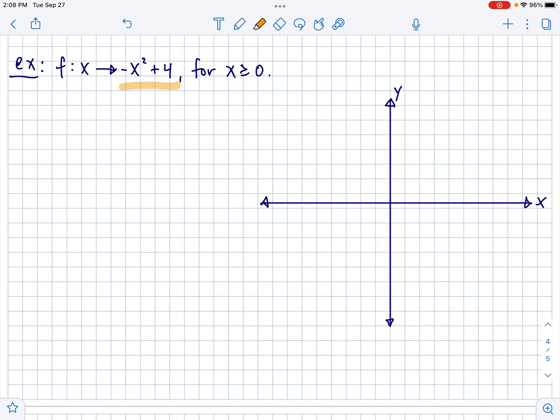All right, it's a parabola, but its domain is only for positive numbers. So if I was to graph this parabola, it's an upside down parabola that's been shifted up 4. So if we got 1, 2, 3, 4, it would look something like this.